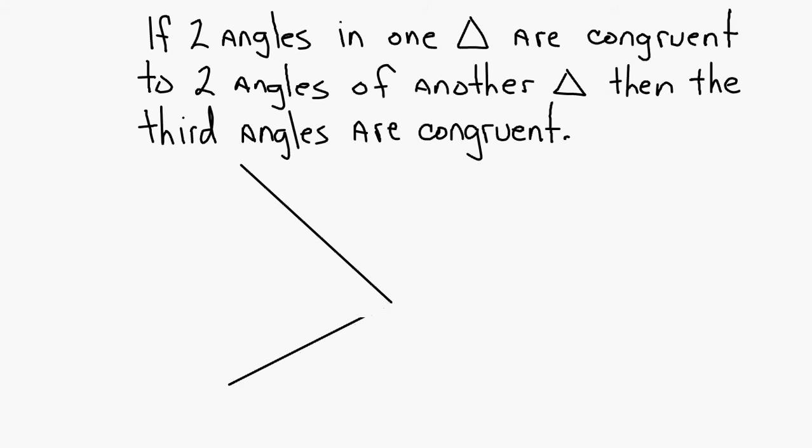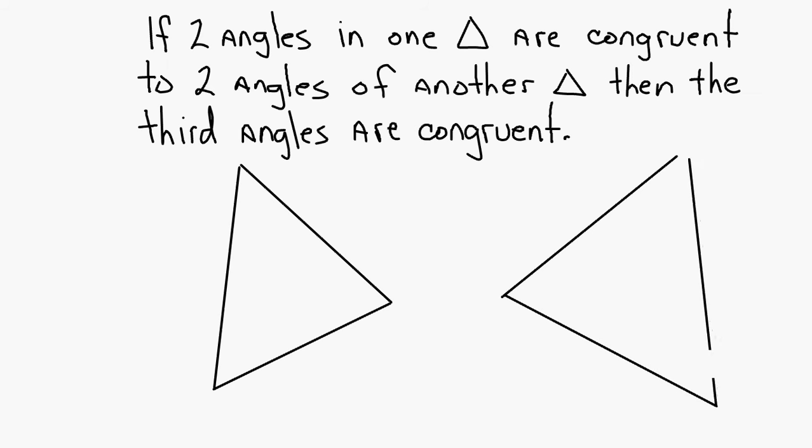If you got one triangle here and another triangle here, and we'll call the triangle on the left ABC, the triangle on the right, we'll call it DEF, and let's make angle A congruent to angle F. They both get one arc mark.